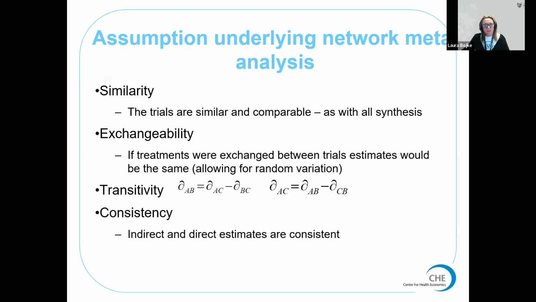So in terms of assumptions that underlie that network meta-analysis, there are a number of assumptions beyond what we would expect for any meta-analysis, which is that the studies are all sufficiently similar, and therefore we have a rationale for pooling. There are particular assumptions that relate to network meta-analysis, in particular the assumption of transitivity.